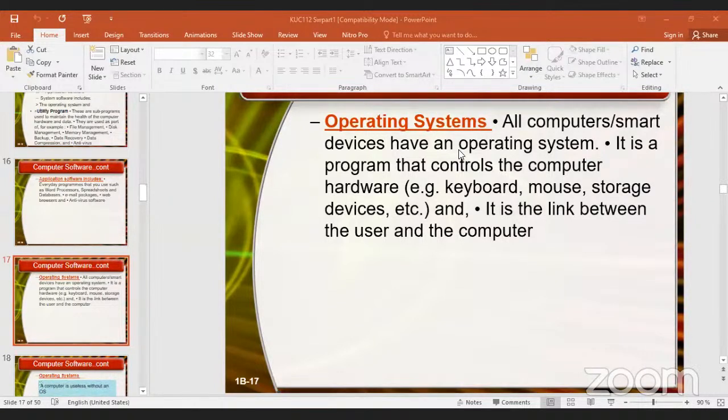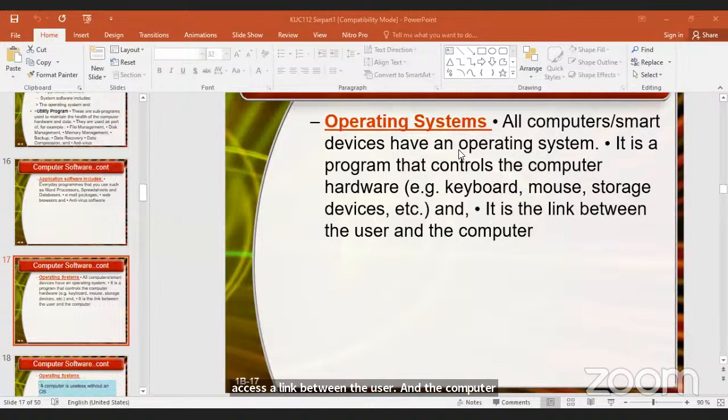So let us continue. So all computers and smart devices all have an operating system. And we said an operating system is a program that controls the computer hardware. It controls the keyboard, mouse, storage devices, and also acts as a link between the user and the computer.